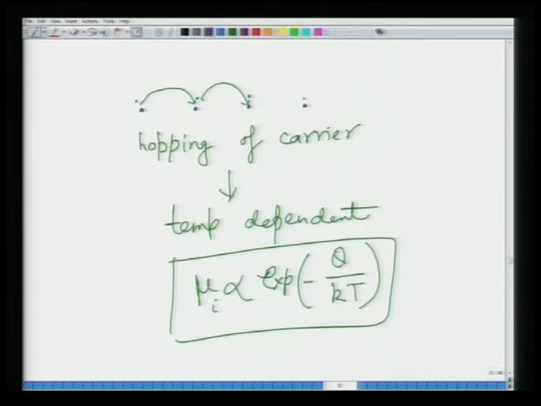So, mobility in this case becomes temperature dependent in the form of exponential minus q by kT, unlike in metals and semiconductors, where it depends on T to the power minus 3 by 2, which is due to scattering. So, the dependence of mobility on temperature in metals and semiconductors and in ionic solids is due to different reasons.